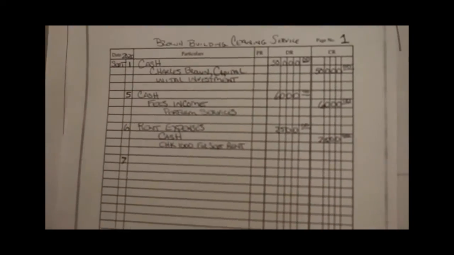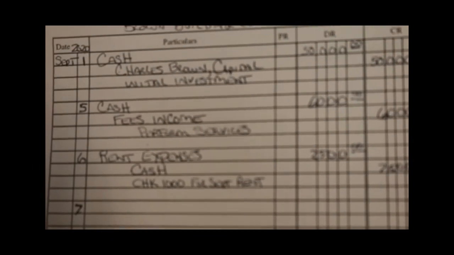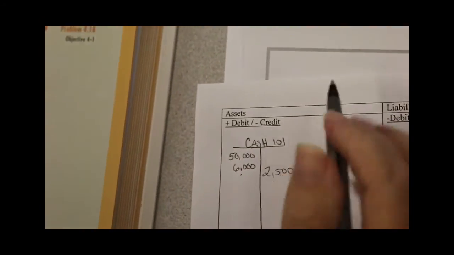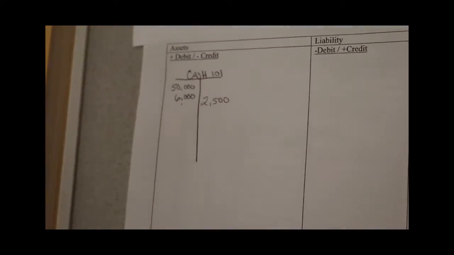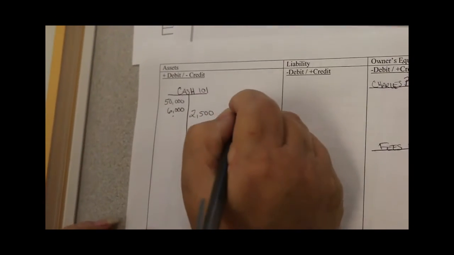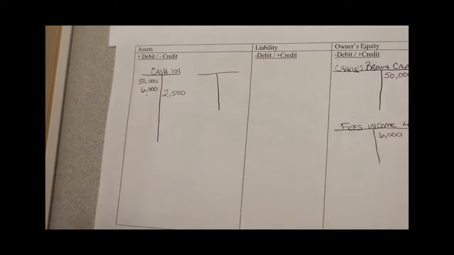Now, this was done on credit, meaning we perform services and they're going to pay for it later. So what account, oops, sorry, I was supposed to go to the T accounts. So you're supposed to remind me, what two accounts get affected? Does our cash get affected? No, because they're not paying right now. What is it called when they're going to pay later? It's called, if you said accounts receivable, you said it correct.